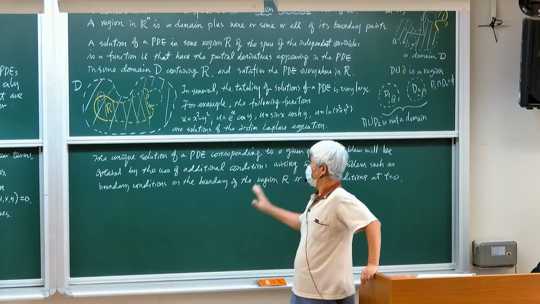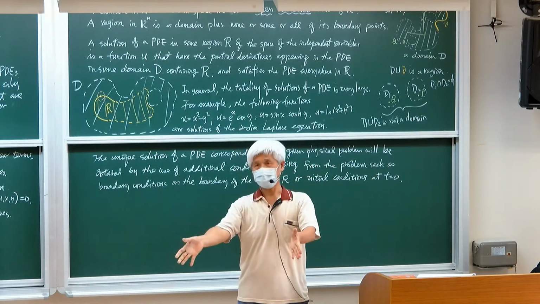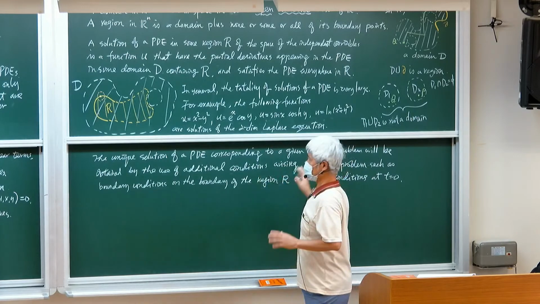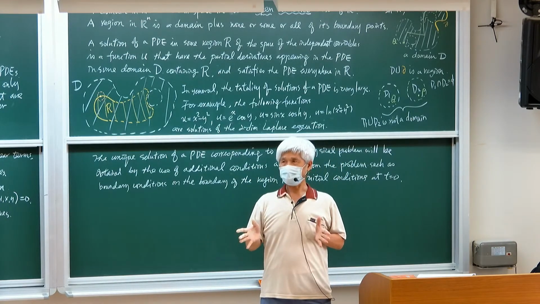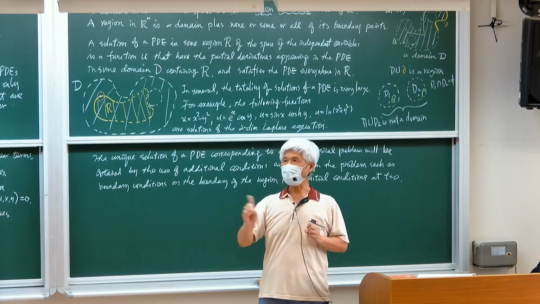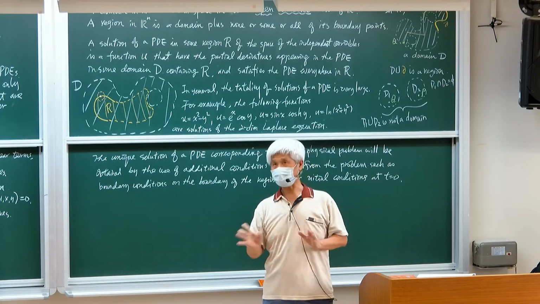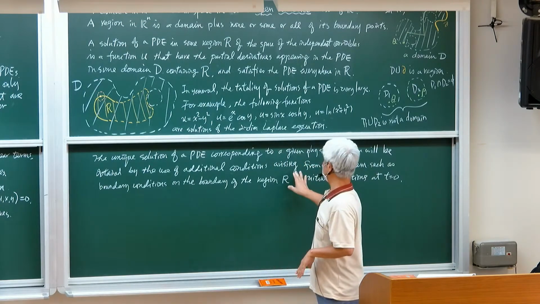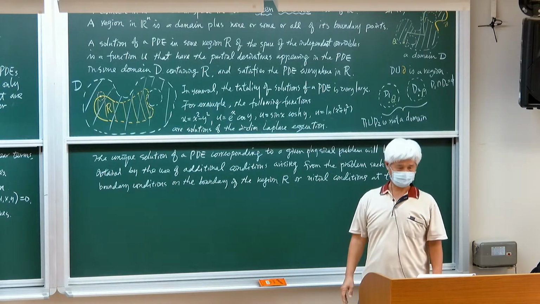The physical approach is that you try to find one, because you know from the physical problem that there is a unique solution, and you try to find it by many different techniques. That is one approach. Otherwise, if you want to find the general solution, then you should lay your foundation more.